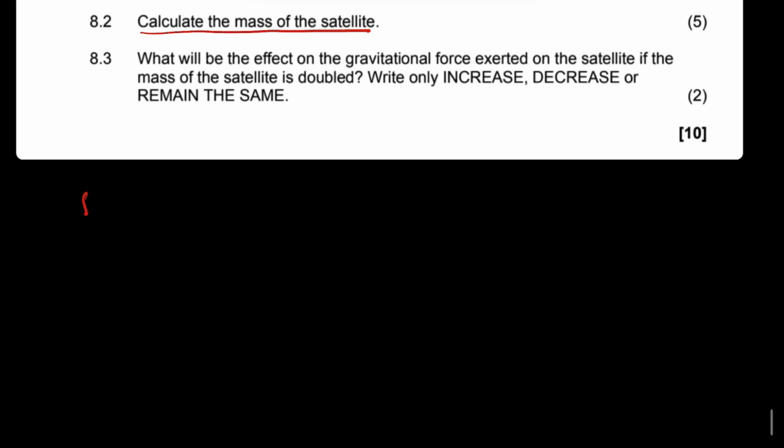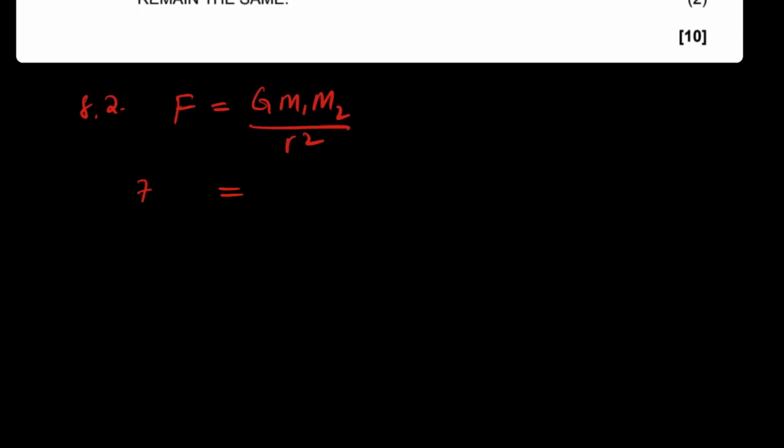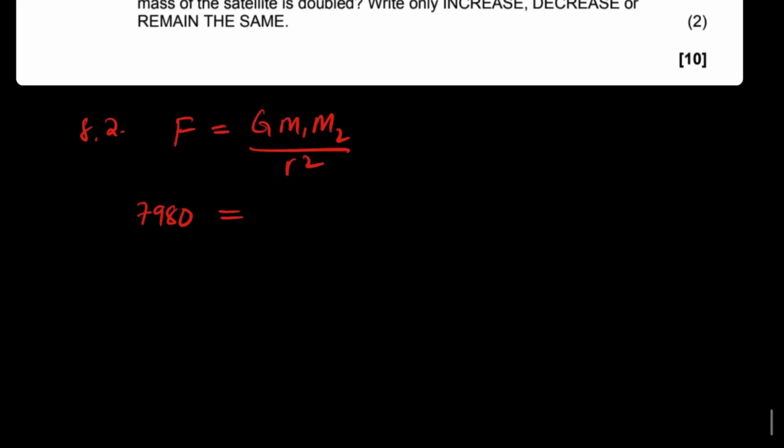So to calculate the mass of the satellite, we're using the formula F is equal to G times mass 1 times mass 2 over R squared. For the force, we substitute the gravitational force, which is 7,980. Then we substitute G, which is 6.67 times 10 to the power negative 11.